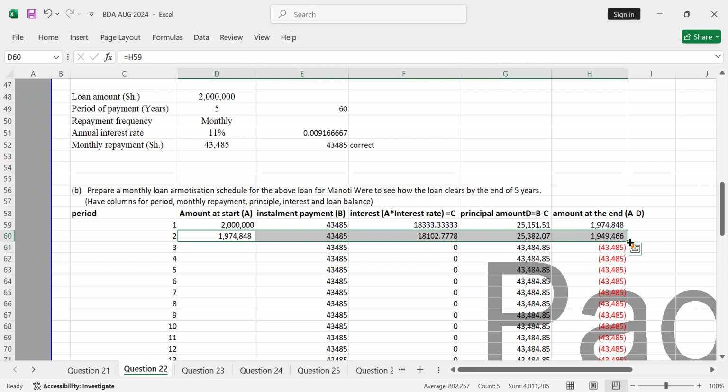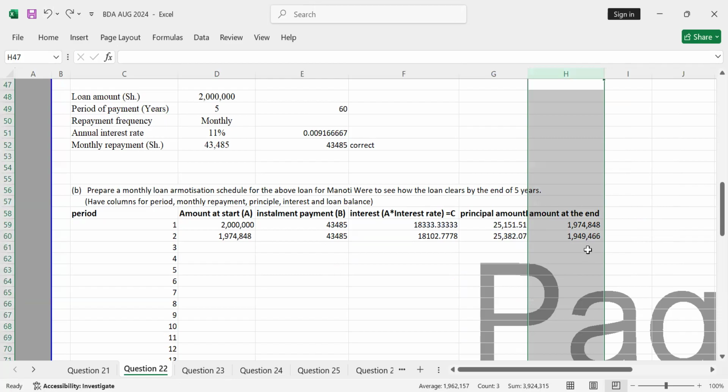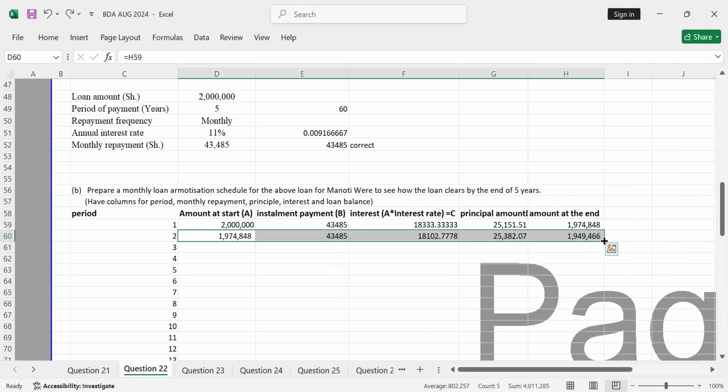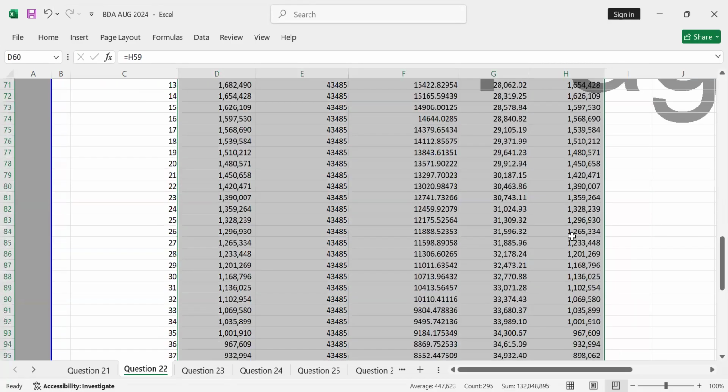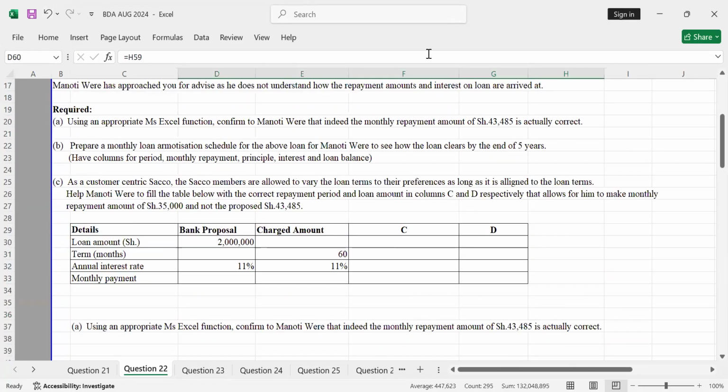The whole of the second, not from the second one. All right, I've seen the mistake we have done.